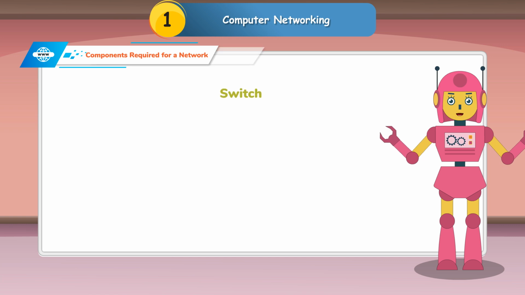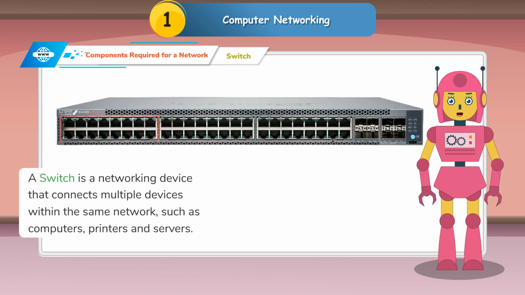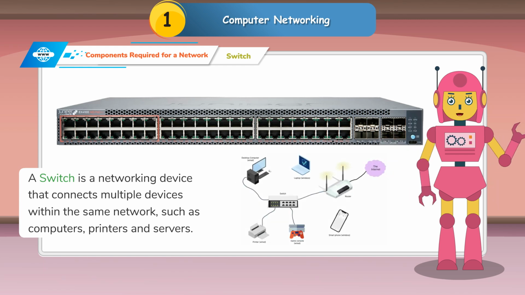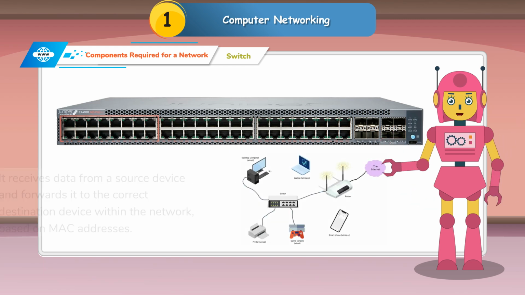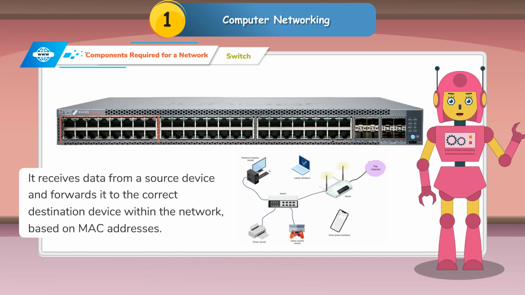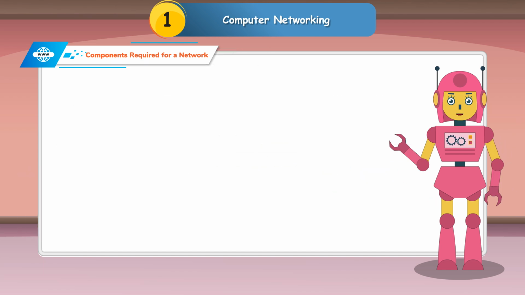Switch. A switch is a networking device that connects multiple devices within the same network, such as computers, printers, and servers. It receives data from a source device and forwards it to the correct destination device within the network, based on MAC addresses. Hub.